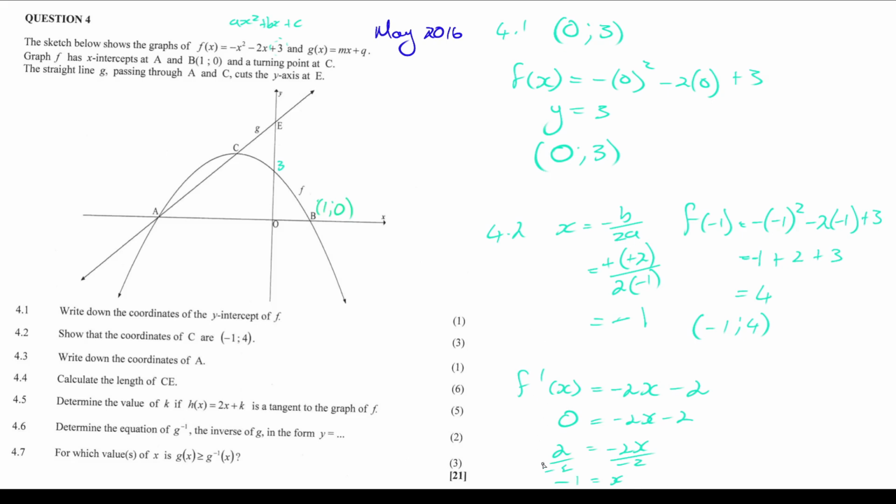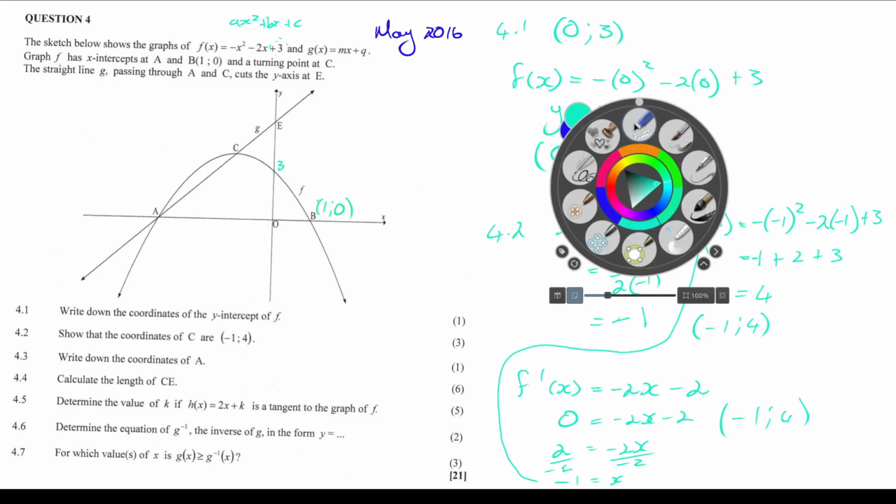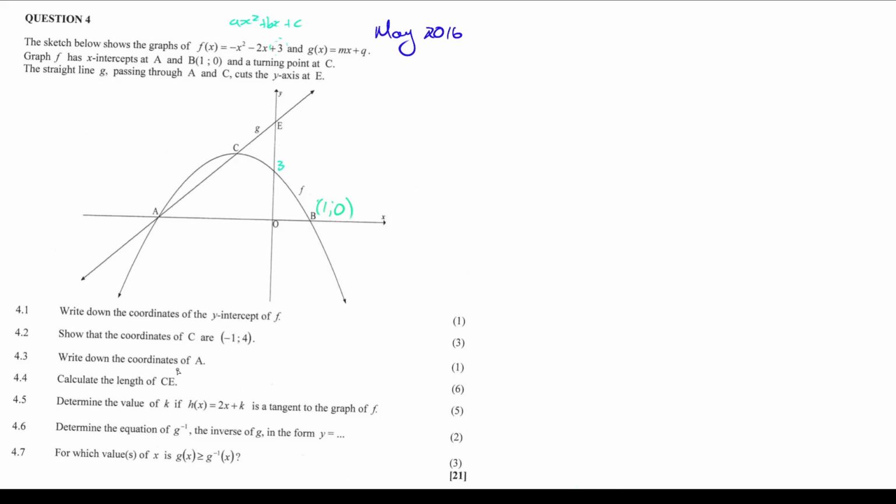And then I would substitute this answer right into there, and I would get (-1; 4). Because maybe you forgot this equation, or maybe you just moved on with your life and you're like, I am beyond this. I am better than this equation, which you're totally allowed to be. All right, write down the coordinates of C. Oh, wait. We just showed this was (-1; 4). Great. Write down the coordinates of A.